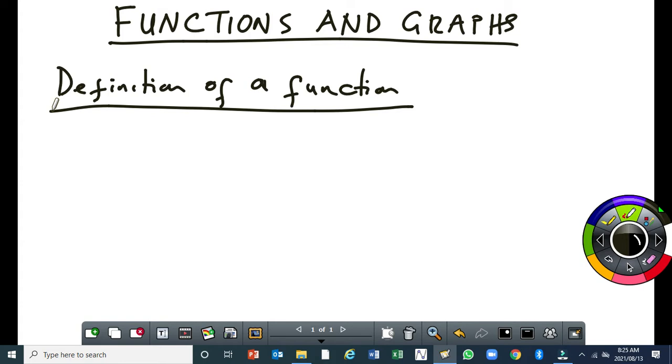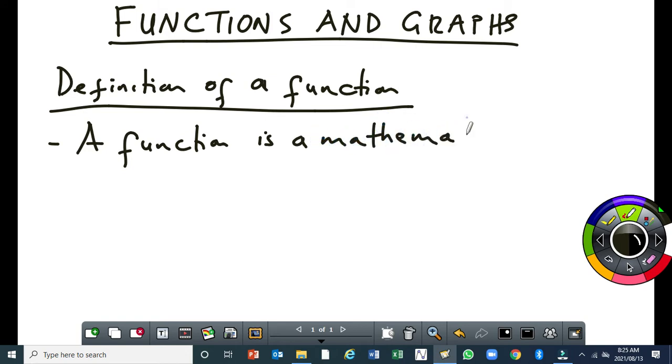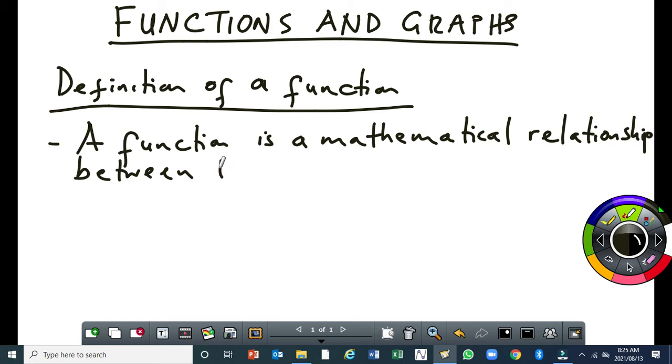So a function is a mathematical relationship between two variables.